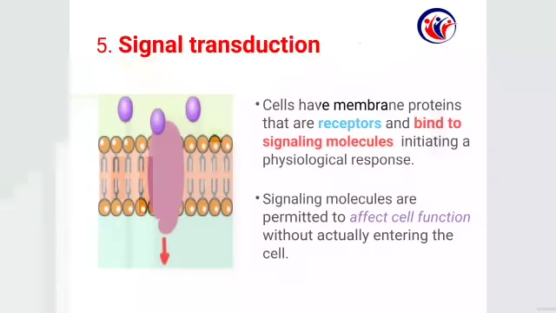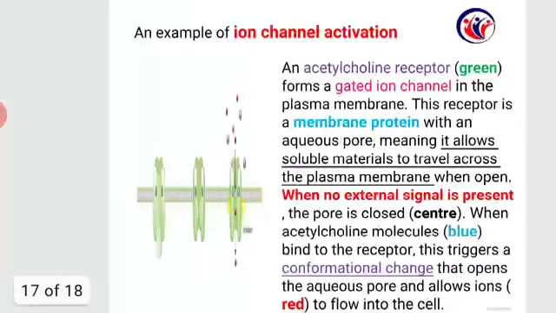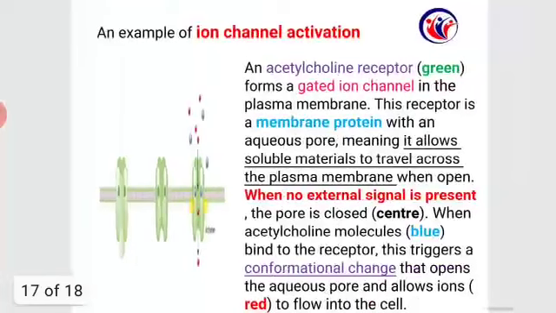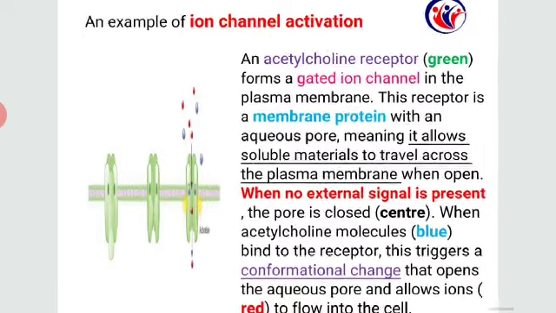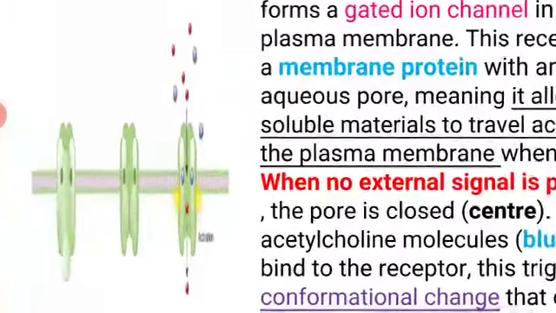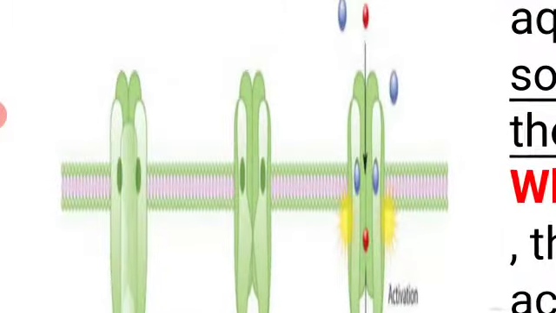Signaling molecules are permitted to affect cell function without actually entering the cell. In this other slide, I give you one particular example. You have acetylcholine receptors, which are green. Look at the picture properly.